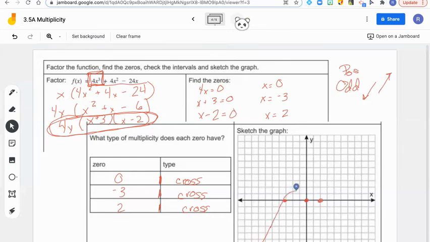Again, remember how tall these go, exactly what happens in between those x-intercepts, doesn't matter to us as much right now. We want to get that general shape. So you'll see my end behavior, and you'll see it crosses through each one of these zeros with the right type of multiplicity.